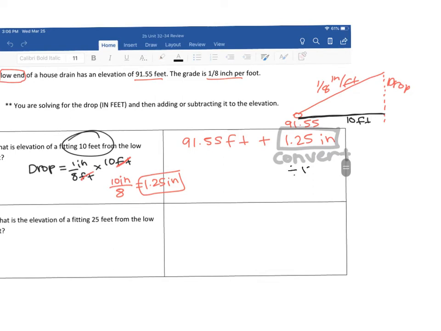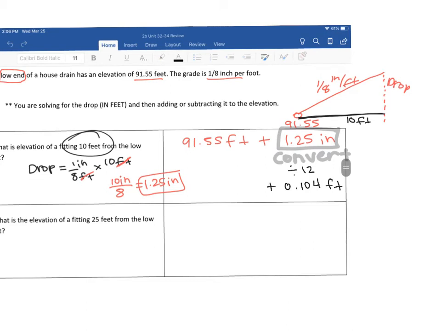Anyways, to convert inches to feet, you divide by 12. So if I take 1.25 and I divide by 12, I get 0.104-ish. I rounded that off.